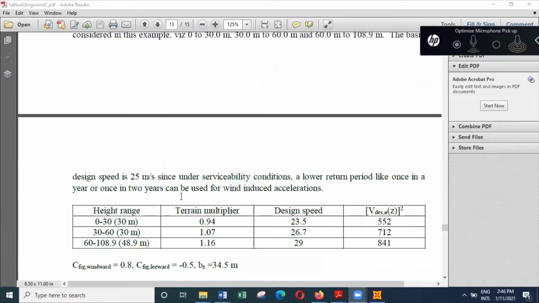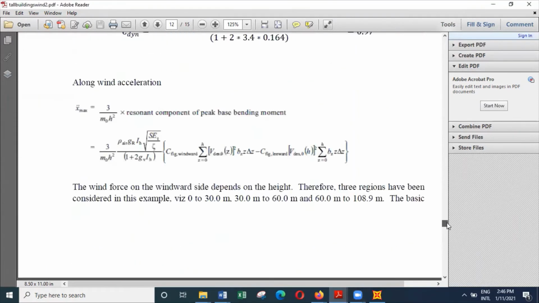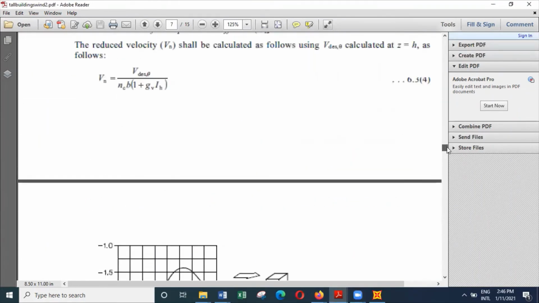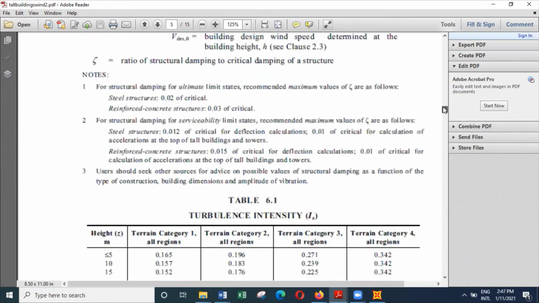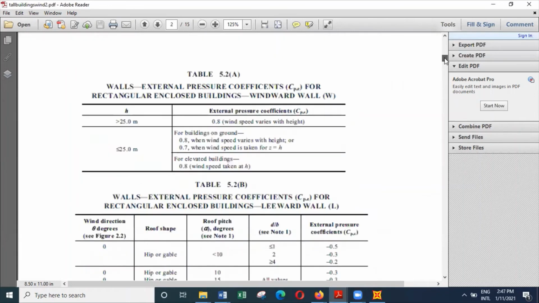The basic design wind speed is 25 meters per second, since under serviceability conditions a lower return period, like once in a year or once in 2 years, can be used for wind-induced accelerations. The terrain multiplier we have already determined earlier. The terrain multiplier for different heights can be obtained. So we'll use the terrain multiplier here.